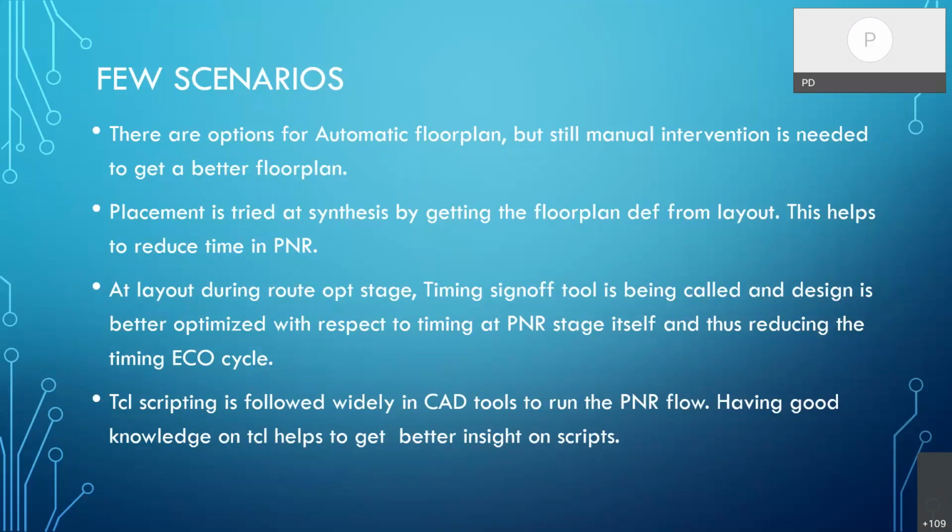Manual interventions are needed. If we want to try a fully automated way, we can try those options. And while doing synthesis itself, we can make it do a physical aware synthesis, where this is how my placement is going to be.